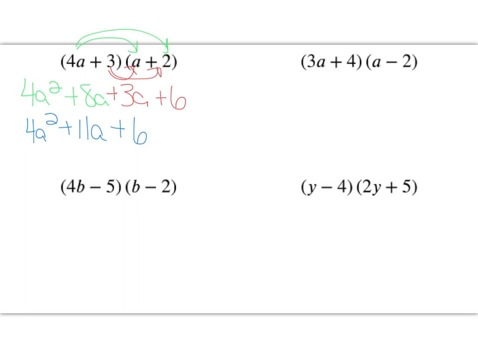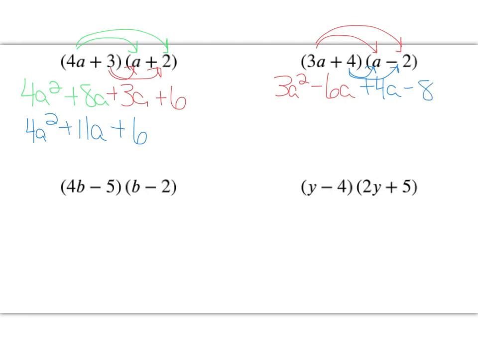So this time I'm multiplying 3a plus 4 times the binomial a minus 2. So we're going to take this 3a times a is 3a squared, 3a times a negative 2 is negative 6a. Then I'm going to distribute the 4 times a is 4a, and 4 times the negative 2 is negative 8.